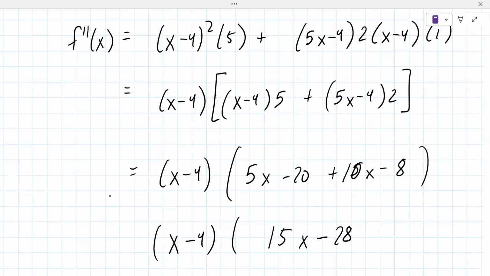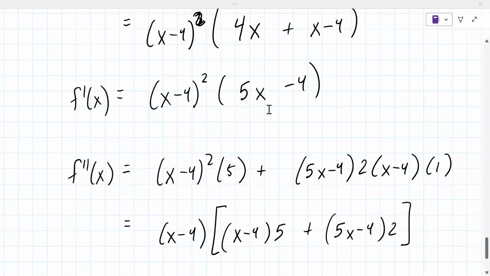Does that look right? Yep. No, 15x. Okay. And I really should check this because I don't know that I'm all the way there. So let's do x minus 4 to the power of 3. Is that what I wrote?